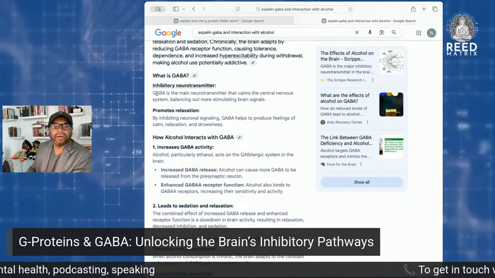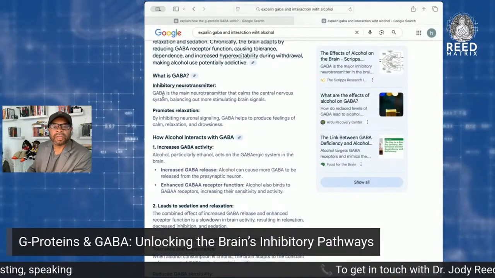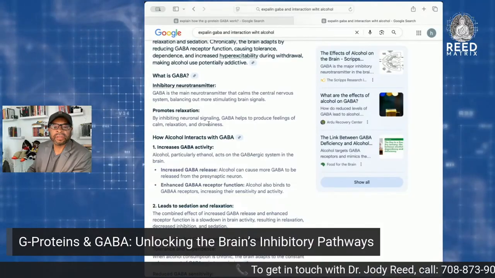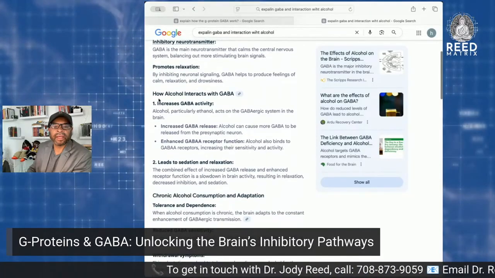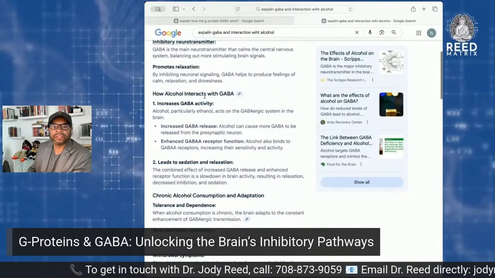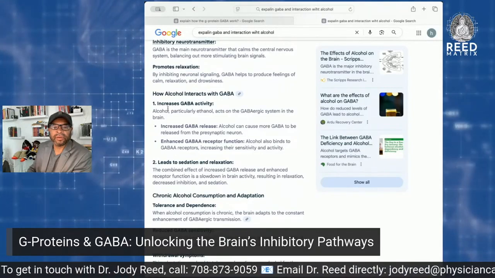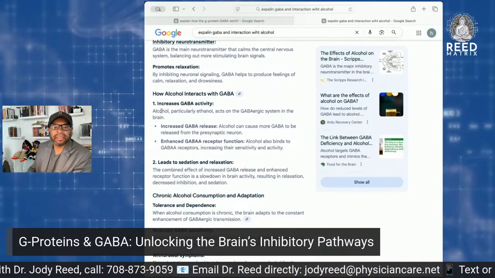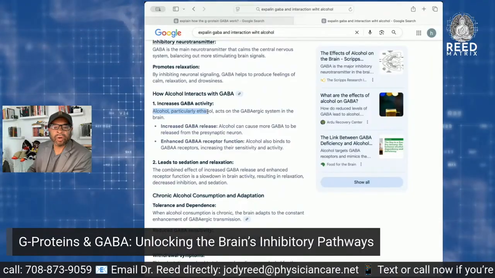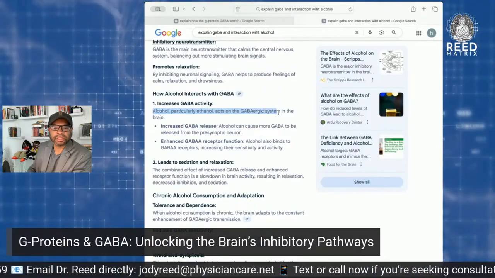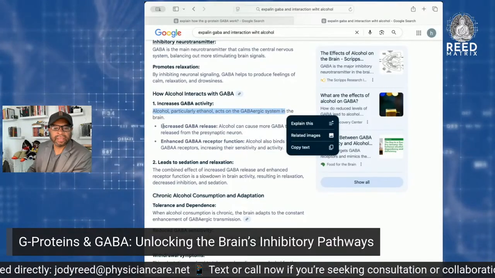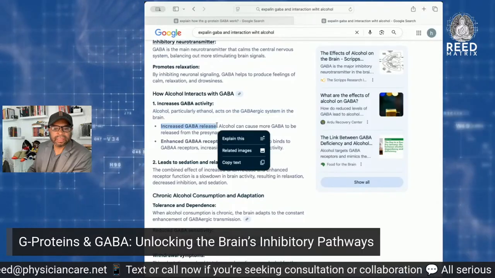What is GABA? Okay, we went through this part here, the neurotransmitter, and how alcohol interacts with GABA. Increased GABA activity: alcohol acts on the GABAergic system in the brain. It increases GABA release.